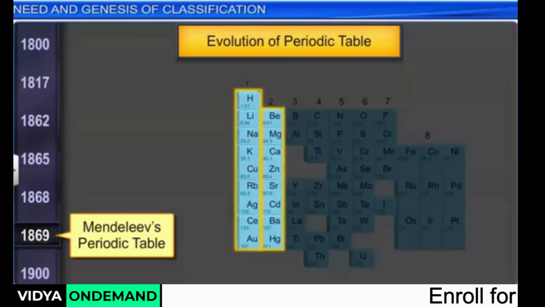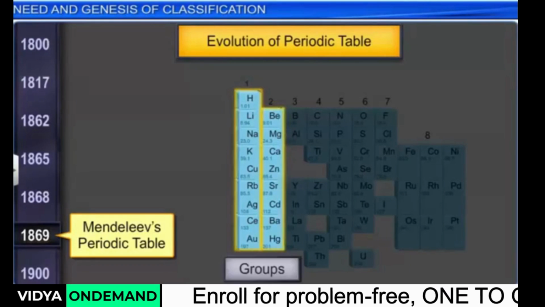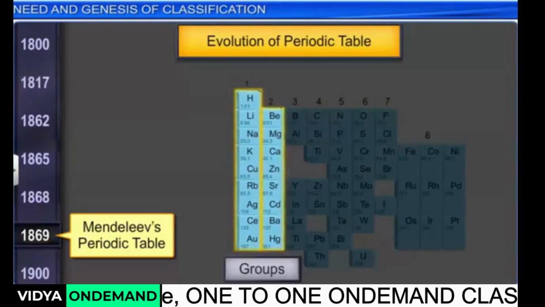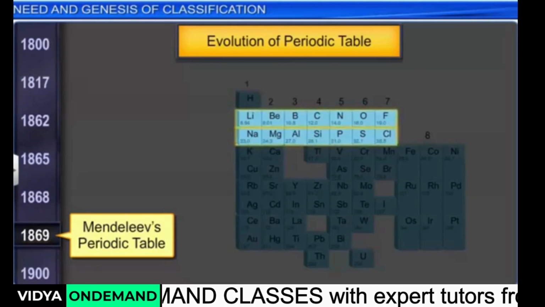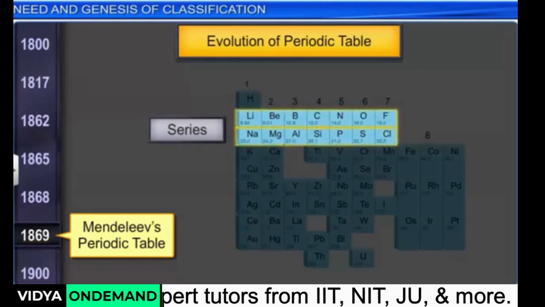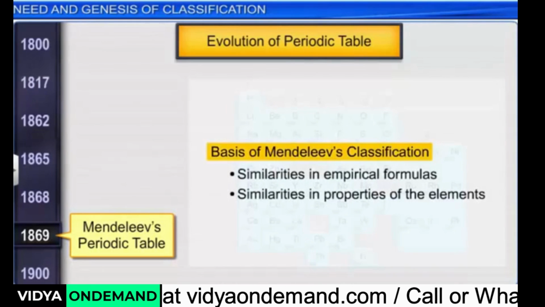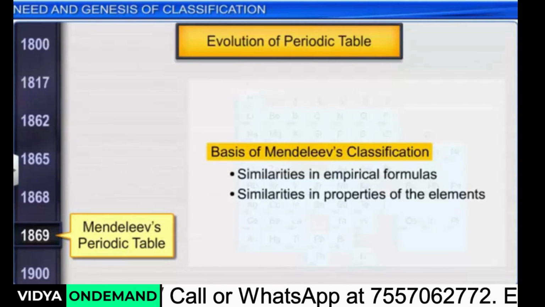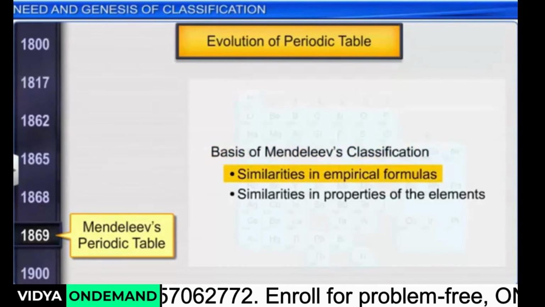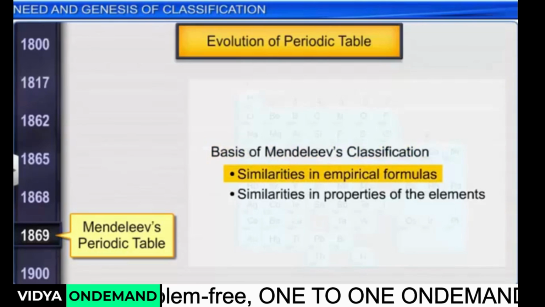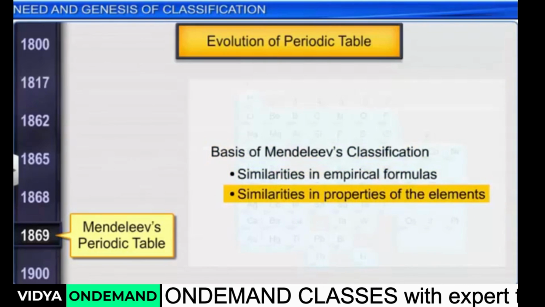Mendeleev termed these vertical columns as groups and resultant horizontal rows as series. Mendeleev's success roots to his vision of classifying elements based on the similarities in their empirical formulas and properties of the compounds formed by them.